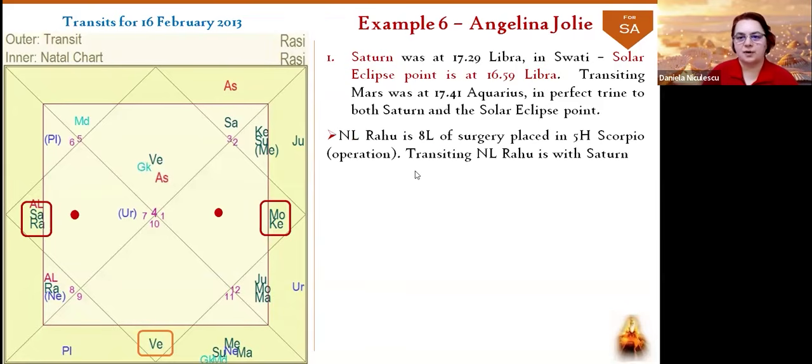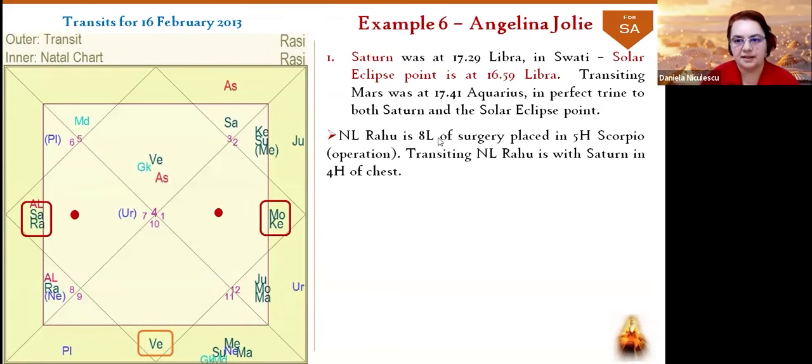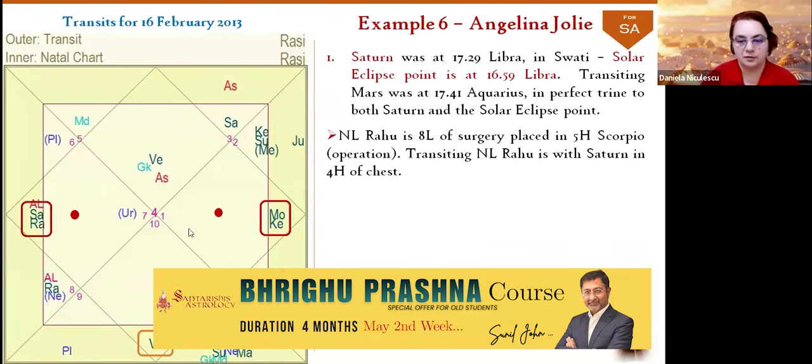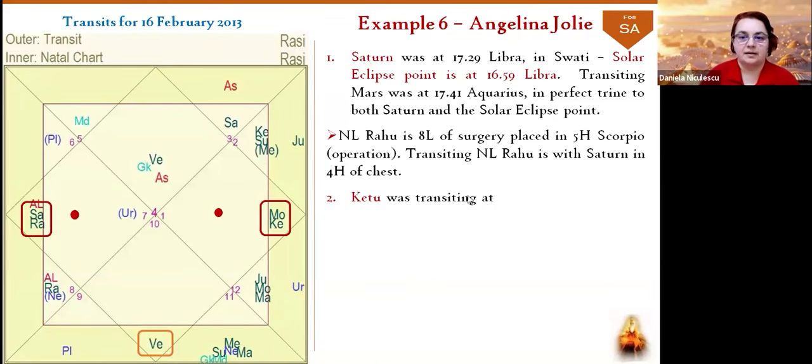Okay, Nakshatra Lord of Swati is Rahu. It is the 8th Lord of the chart, placed in the 5th house in her natal chart in Scorpio, which means surgery. And transiting Nakshatra Lord Rahu is with Saturn over here on her eclipse point, not degree-exactly on it, but close by. So it contributed to the event.